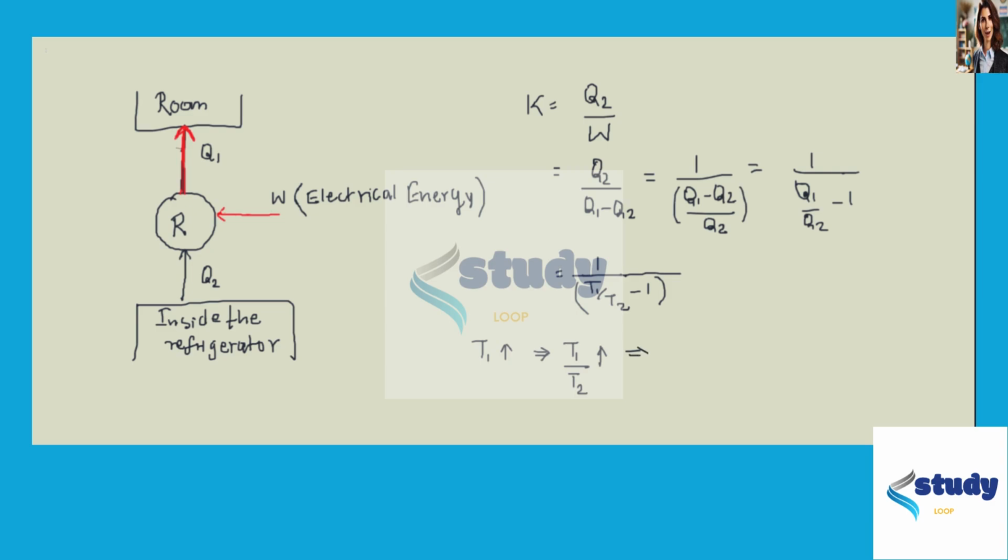Now this implies T1 by T2 minus 1 as a whole also increases.